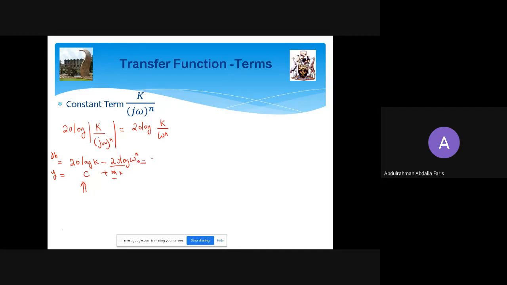So this one is 20 log k minus 20n log omega.